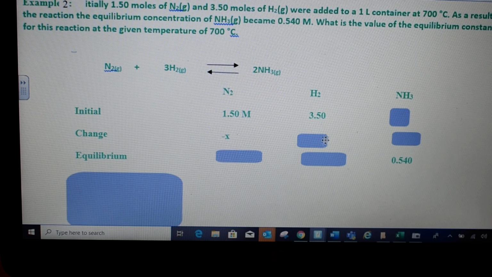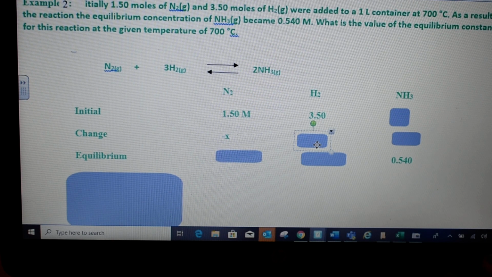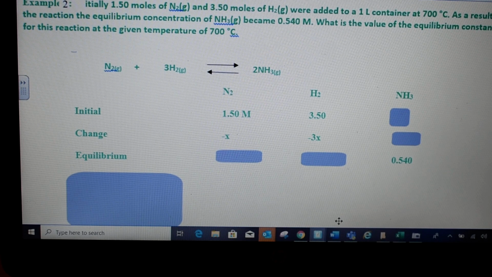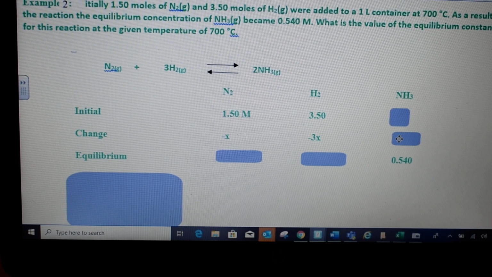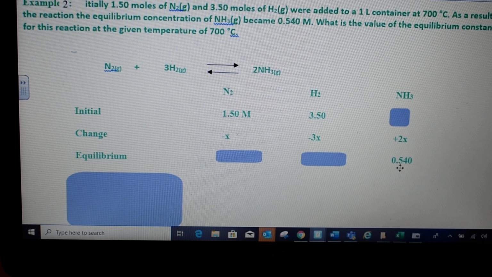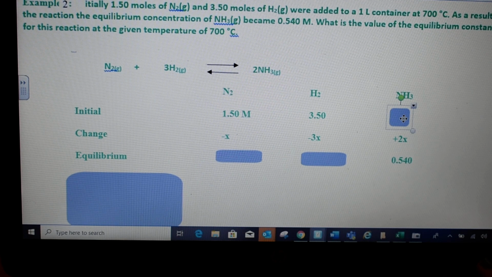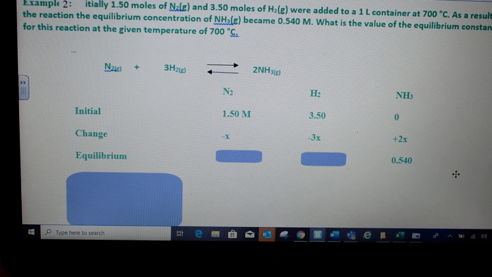The coefficient in front of the H2 is 3, so we're going to go down by a factor of 3x. Okay, what else? Ammonia is going to go up by a factor of 2x. Now, do they mention ammonia anywhere else other than this 0.54? No, they do not. So therefore we assume that the ammonia present was 0 to begin with.